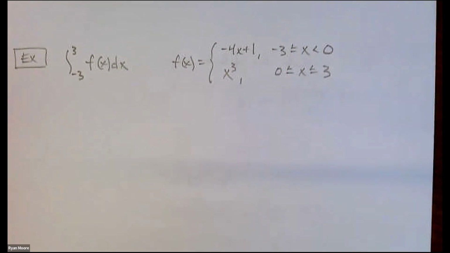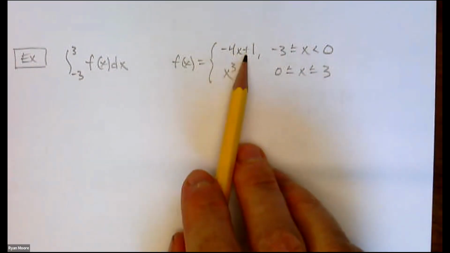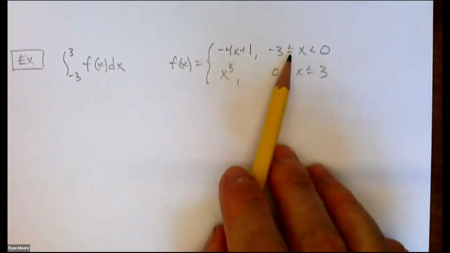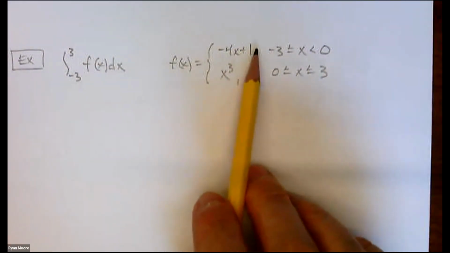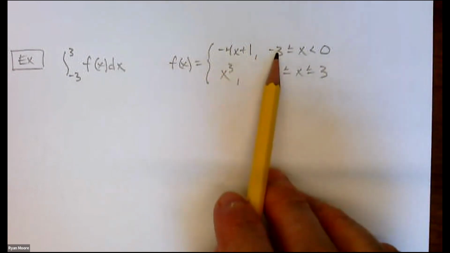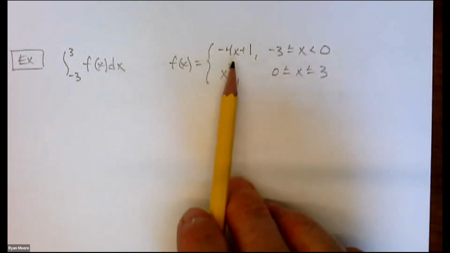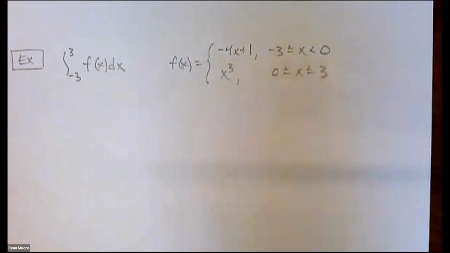So it turns out we're going to do each piece separately. We're going to look at negative 4x plus 1, that piece alone, right? If you look back closely at the fundamental theorem, it says that the function has to be continuous. So we'll take this piece just from -3 to 0, and then we'll take this piece just from 0 to 3.